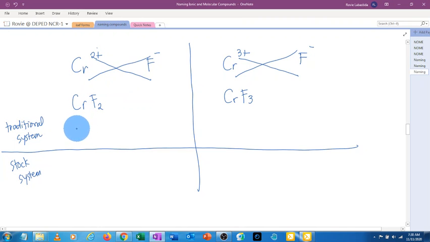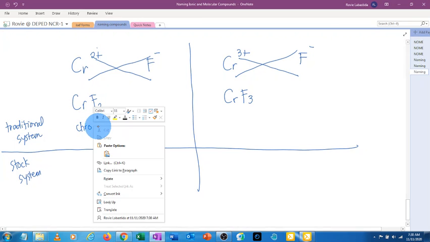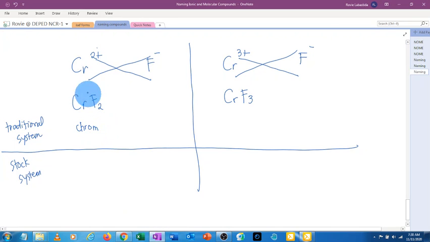Name the metal, which is chromium. Okay, just the root term, and let's determine which one has a higher and lower charge. So Cr 2 positive is chromium 2. So it has a lower charge, so we will add the "us" suffix. So chromus, and then let's add IDE to the root term of the nonmetal.